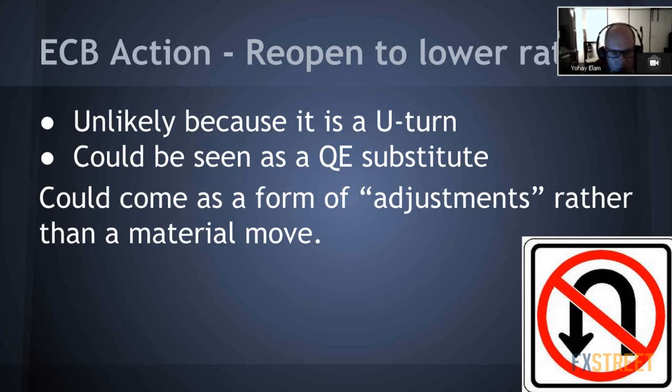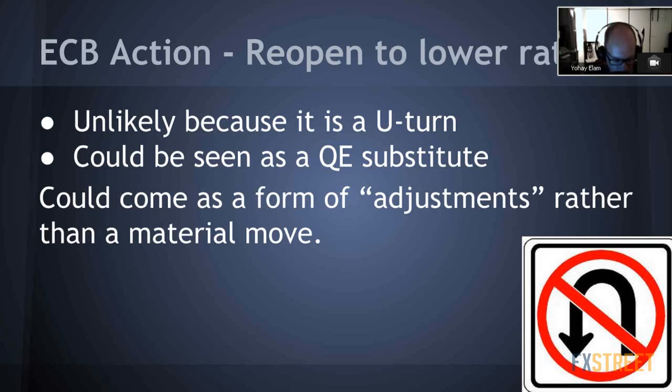You cannot wave with QE, which means the euro could actually rise. So the middle ground here is that Draghi could describe a reopening of the door to more cuts not as a U-turn, but as small adjustments. But that's also a path that is hard to walk.